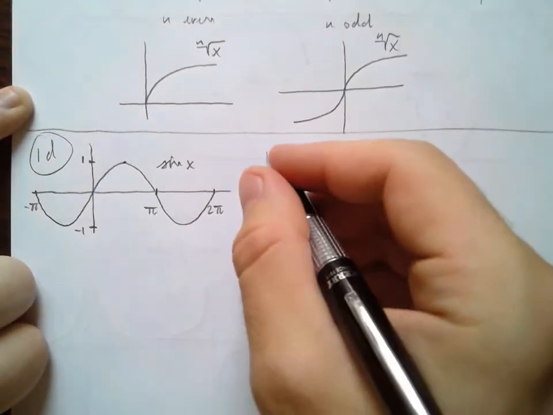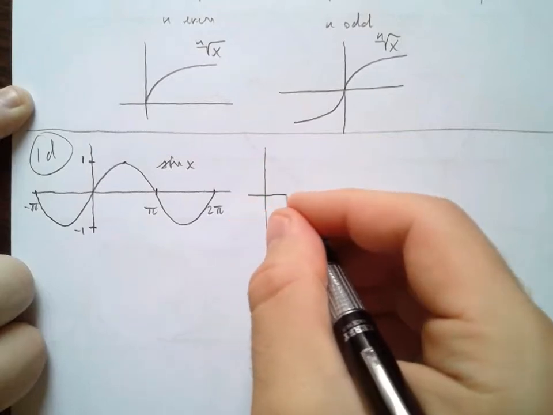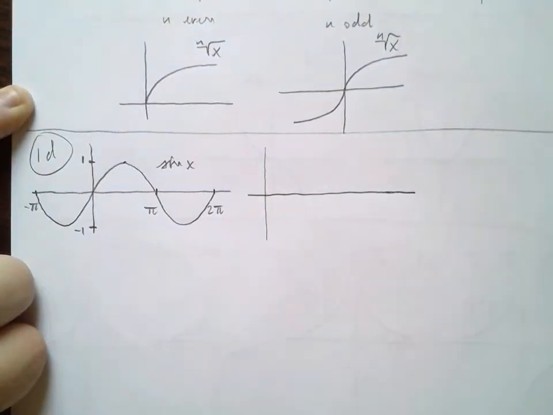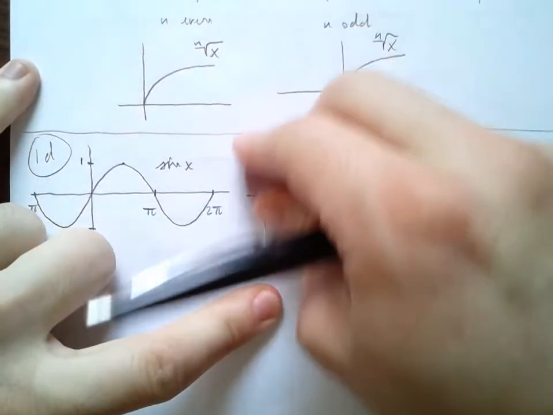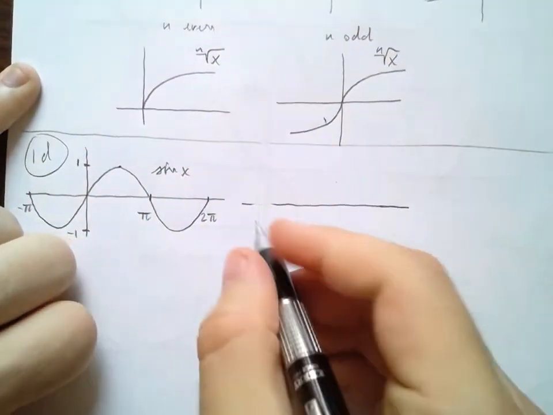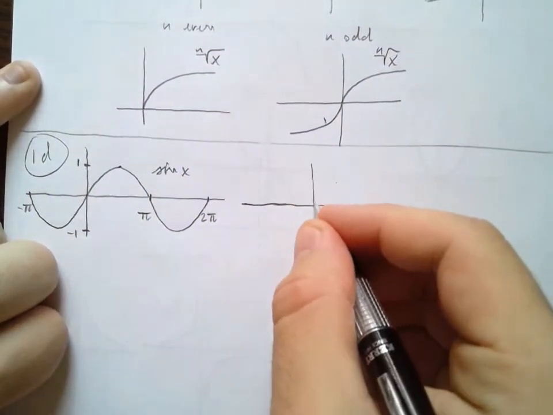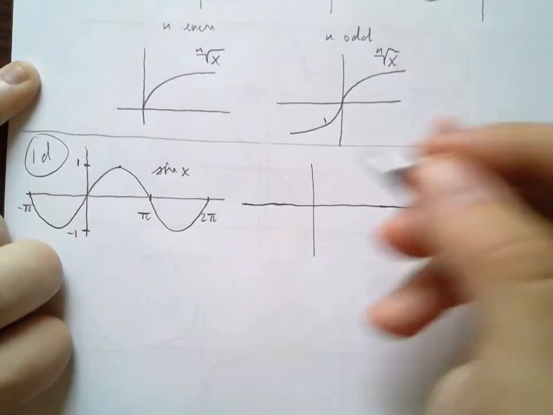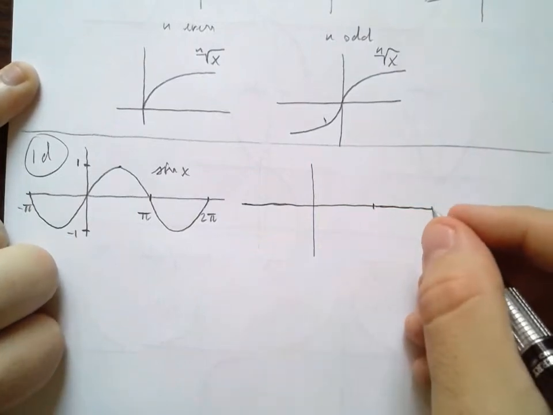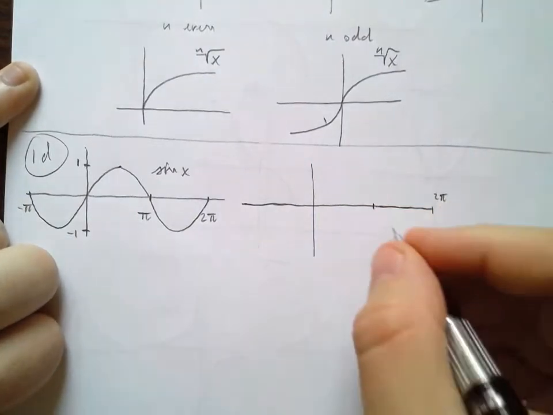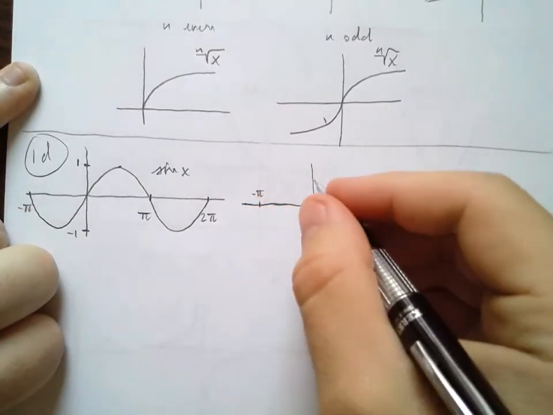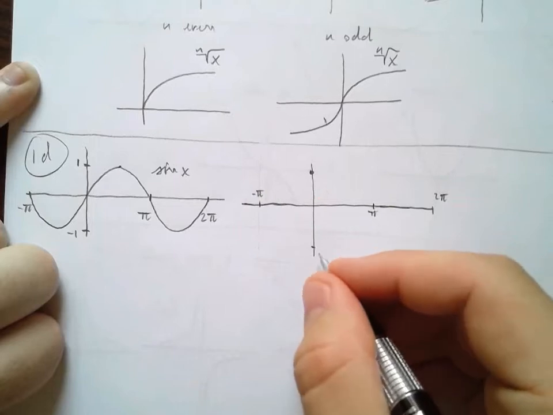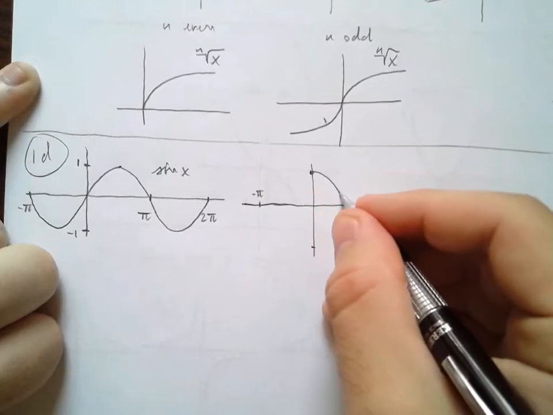Okay, let's go ahead and also graph cosine. So we'll put that up here, and cosine is very similar to the sine graph, except that it's shifted horizontally, right? So this is pi, let's say this is 2 pi, this is minus pi. It starts out like that.